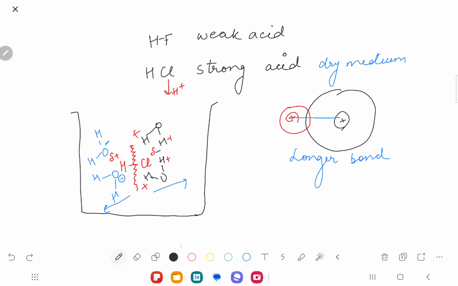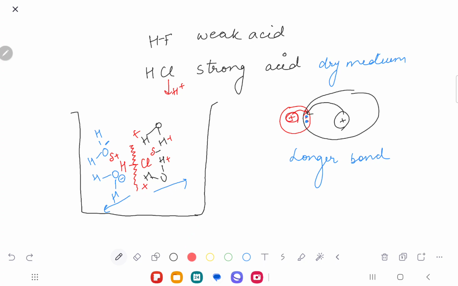When it is a longer bond, this bond shall break very quickly. Why so quickly? Because the two electrons in the center, these two blue electrons, are experiencing the force of attraction of the red nucleus and also the force of attraction of the black nucleus.